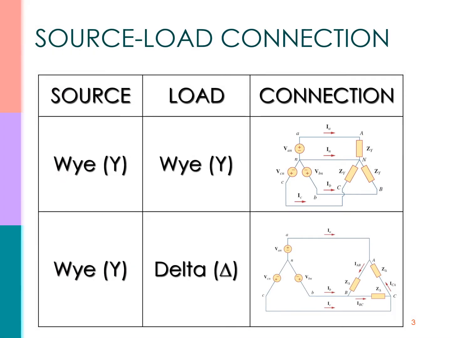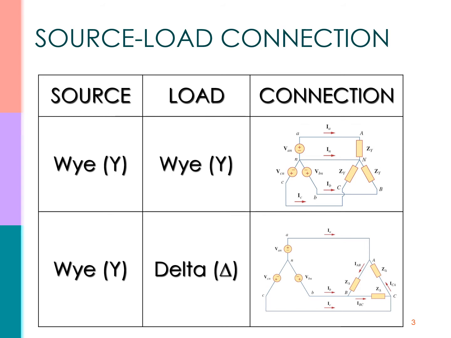Since we have a balanced phase voltage, where we have Y connected source and delta connected source, and we also have a balanced load consisting of Y load and delta load, there are 4 possible combinations for a source and load connection.